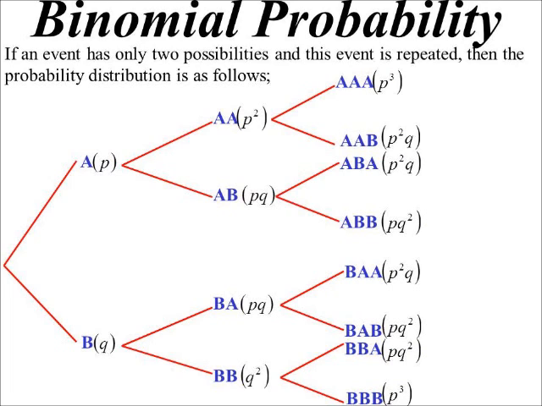You'll notice that last one should be Q cubed, misprint there. But you notice we've got P cubed, then 3 P squared Q, and 3 PQ squared and the Q cubed. So once again, it's that binomial distribution with all the coefficients.